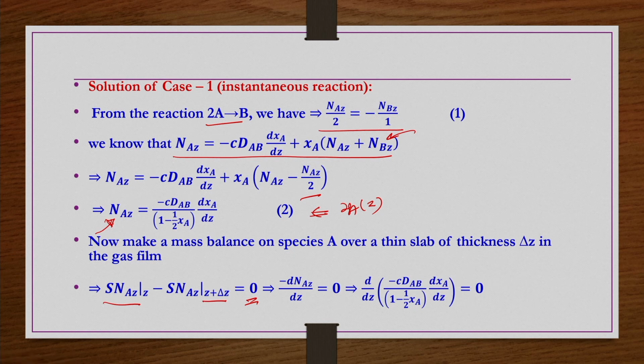In the film only diffusion is occurring, diffusion of species so that they reach from the bulk to the catalyst surface or from the catalyst surface to the bulk. Okay. So, now this equation you divide both sides by S delta Z and then take the limit delta Z tends to 0, then you have minus d by dZ of NaZ equals 0. That means d by dZ of NaZ, this one from equation 2, equals 0.